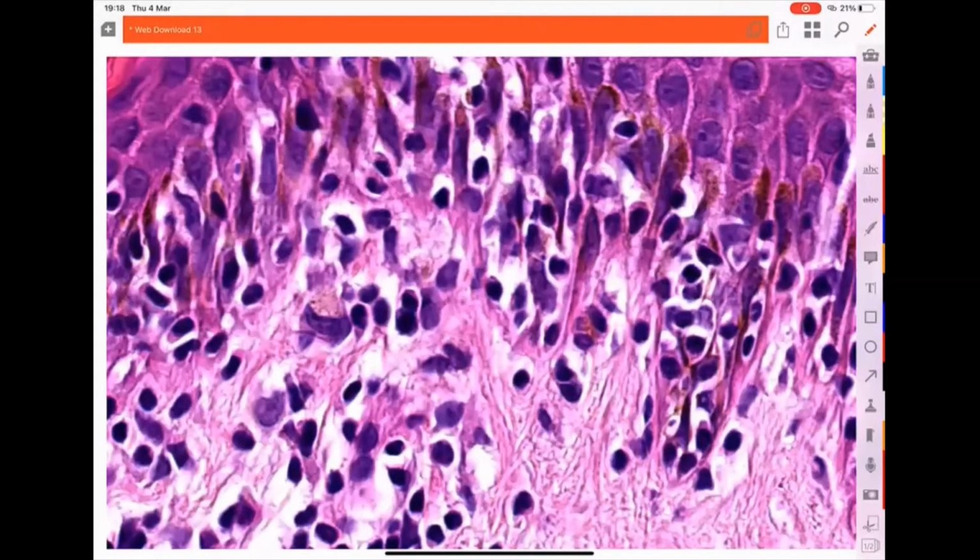My differential diagnosis is between mycosis fungoides and acute or subacute spongiotic dermatitis, whatever you wish. But I am favoring mycosis fungoides. However, I will need to do the confirmatory immunohistochemistry for this.